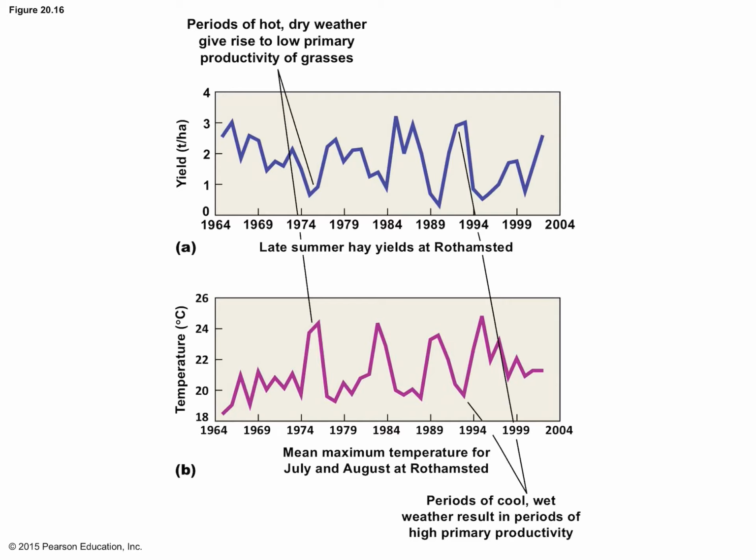Fire certainly can increase productivity in wet years and reduce it in dry years. So there's all sorts of other things in addition to seasonal variation and annual climatic variation that can cause changes in net primary productivity, and in many cases in unpredictable ways, at least in terms of fire and exotic species invasions and that kind of thing.